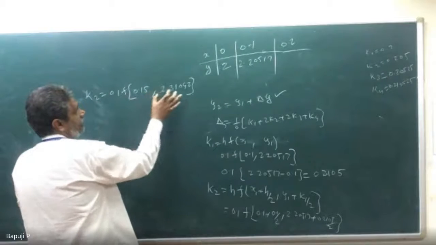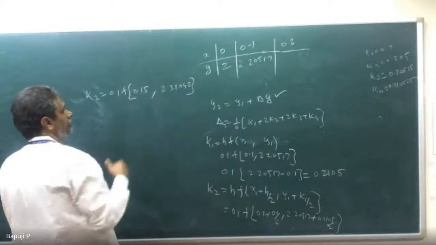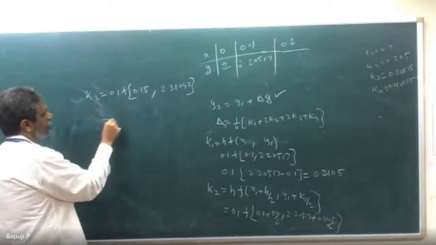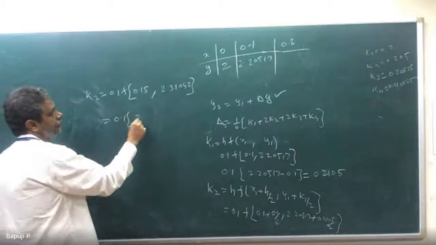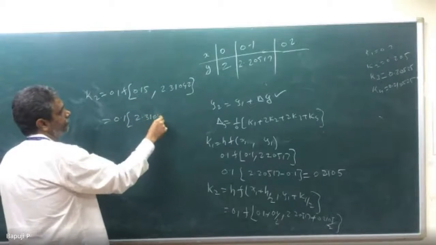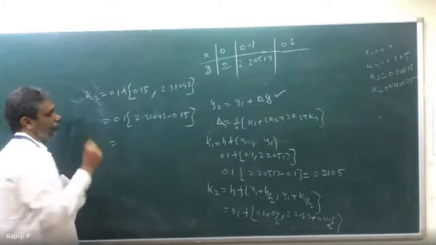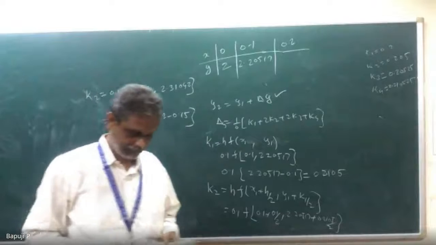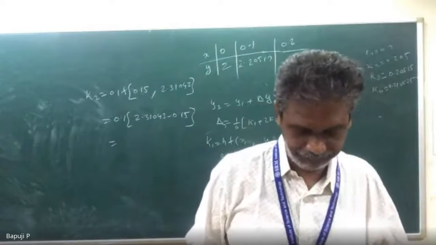This is nothing but x comma y. Still I am not substituting function f of x comma y, only I am writing. So this is equal to what? 0.1. Now what is my f of x y? y minus x. So find the value. At least any one of you tell, wrong answer also no problem.